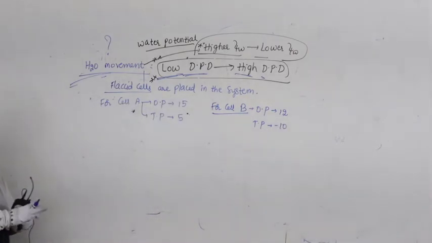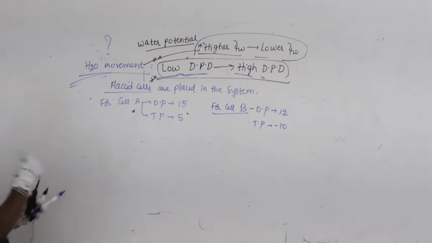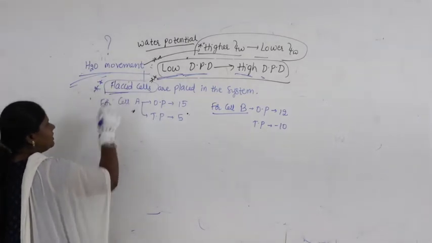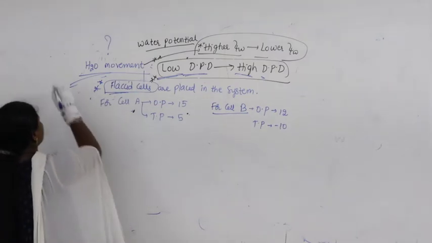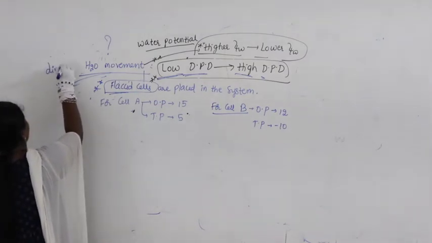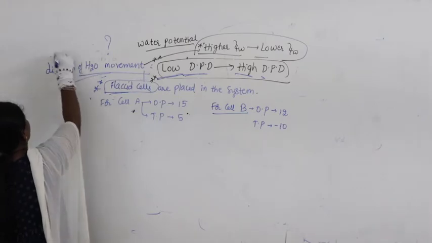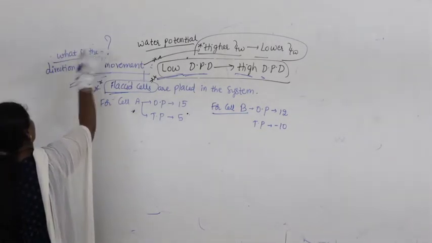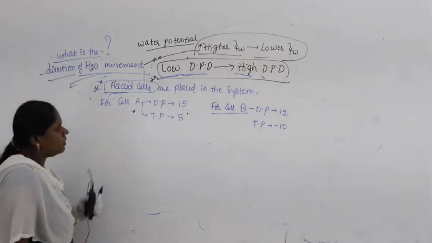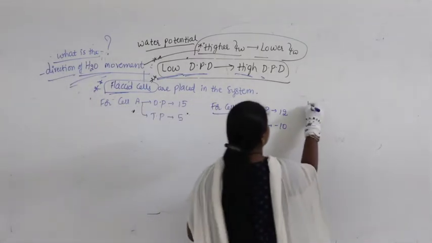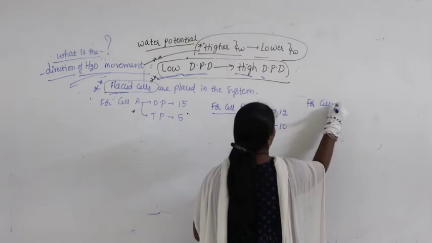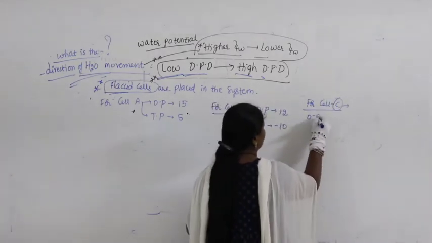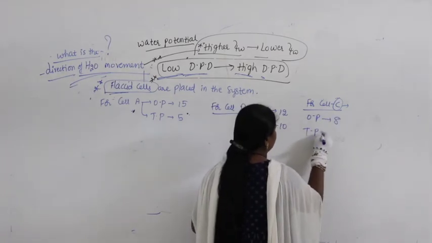Now this is the question given, but in the question it is given that placid cells. Then he asked about what is the direction of water movement, or let us take it that even for cell C also, let us take that in some questions 3 cells will be given. For cell C, OP is given as 8, TP is given as 2.